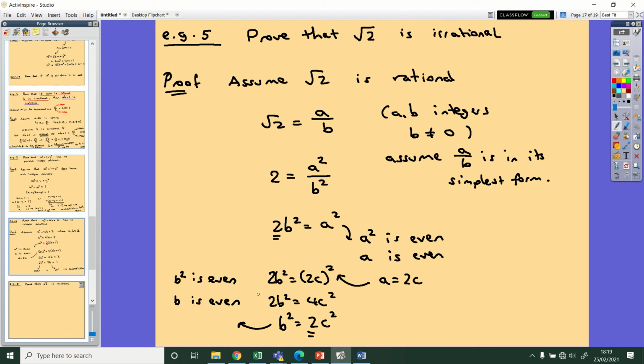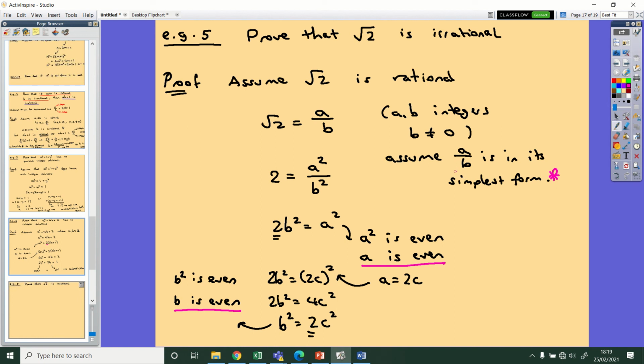Now I don't need to continue because I've arrived at my contradiction if you look carefully. What we've now shown is that first of all, a is even, that's over there. And then we've now shown that b is also even. But then you'll notice that that contradicts our assumption over here, which was that we got this fraction in its simplest form.